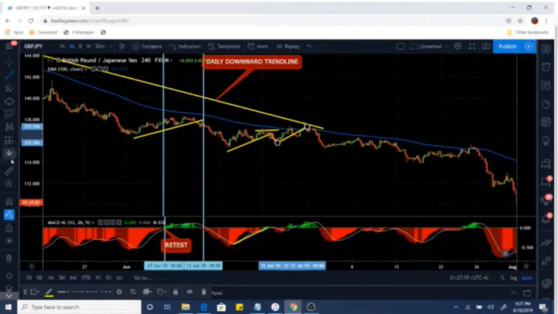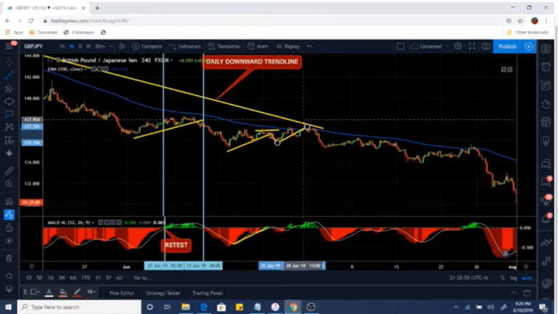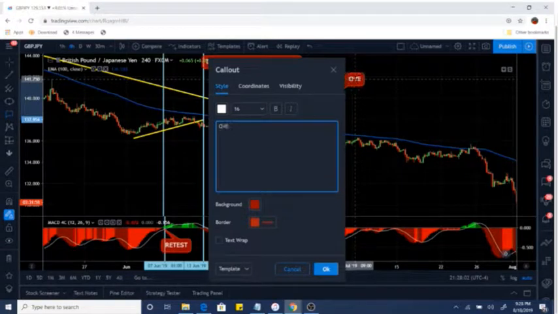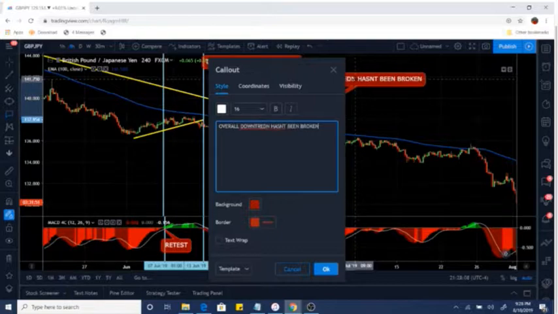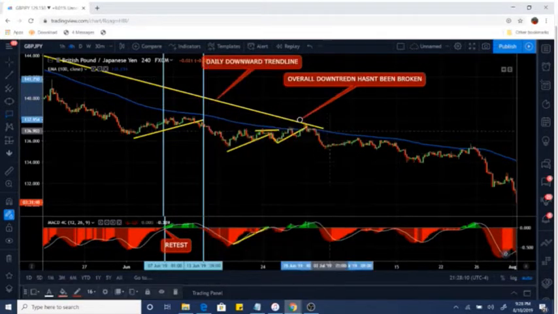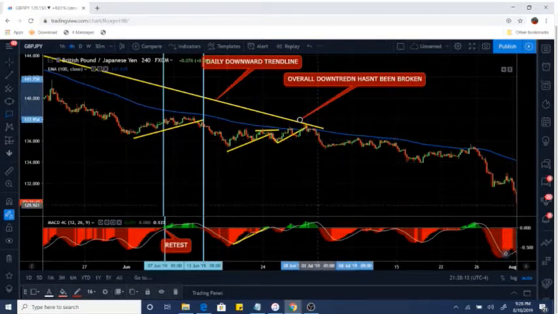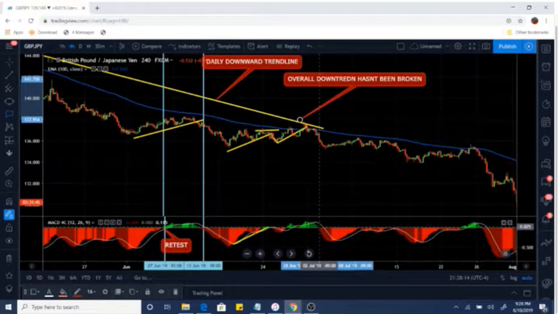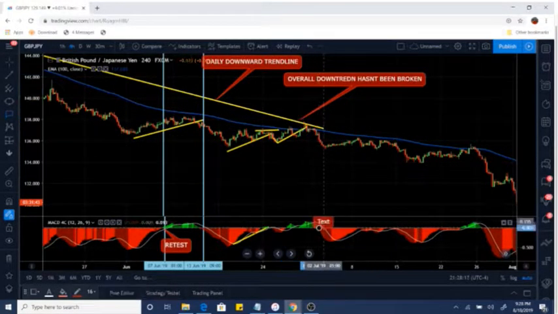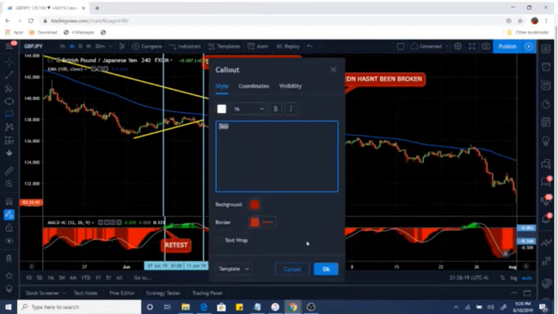Why? Because overall, I'm still in a downtrend. Overall downtrend hasn't been broken. So I'm still applying my same rules. So I wait for another retest, another crossover.